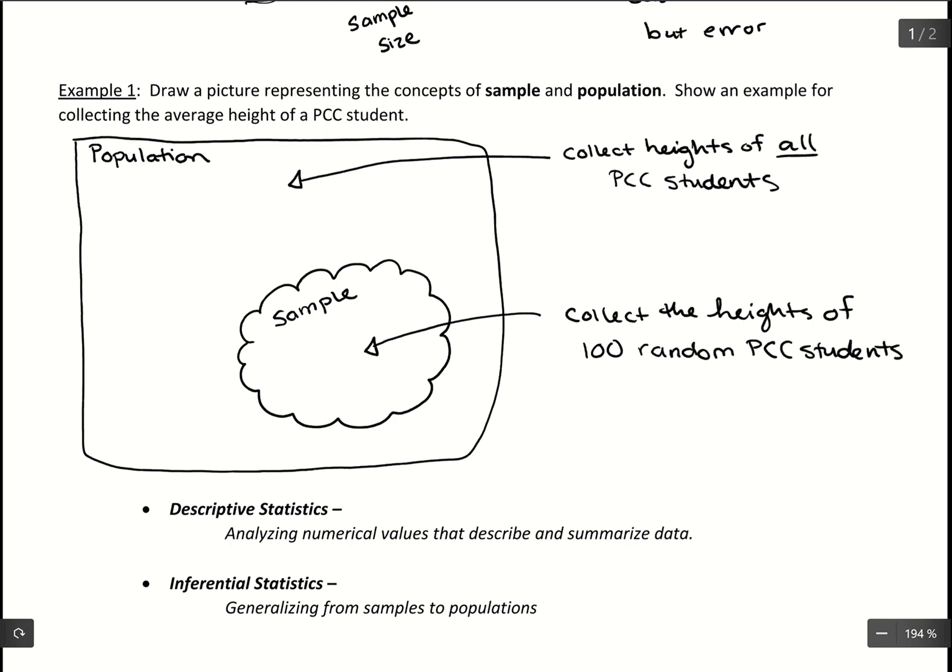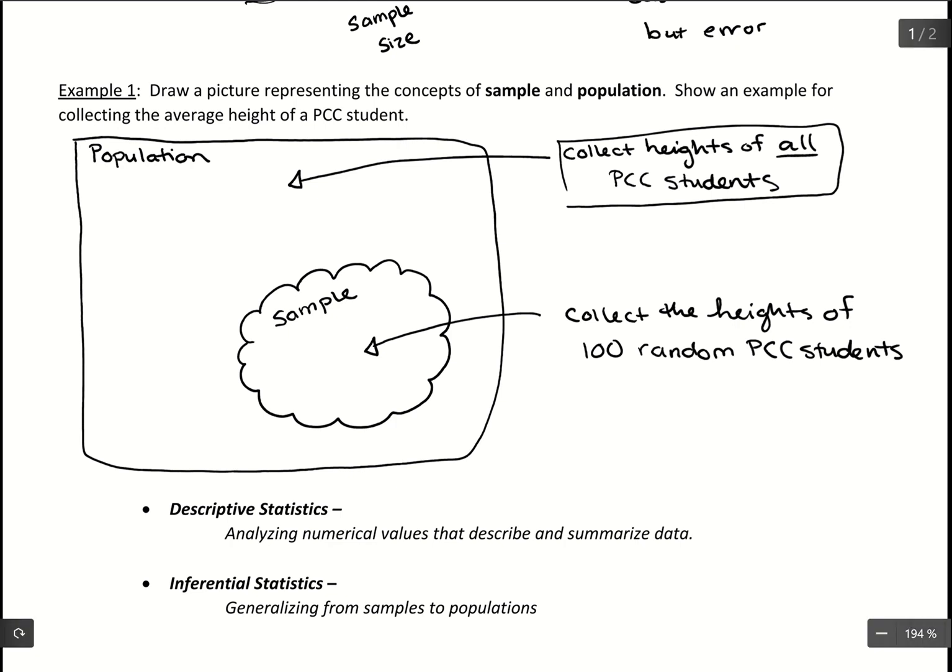So this is where we can see the difference. If I said, okay, your project for this term is to go out and collect the heights of every single PCC student, that would probably take a lot longer than the term that we have together, because PCC students aren't even just in Portland, they're everywhere.